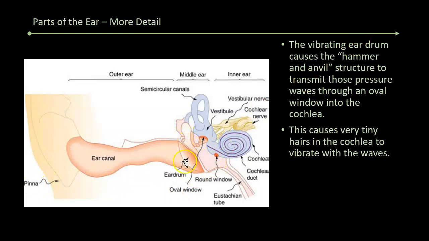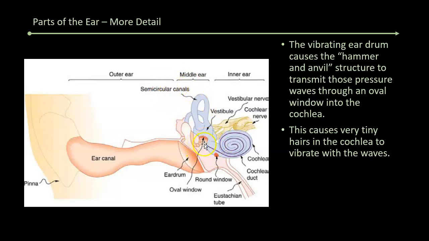The eardrum vibrates and causes this little structure here called the hammer and anvil to pound on that little bitty window. And that little bitty window then presses on the fluid inside the cochlea. And here you got the vestibule, and off the vestibule you have three semicircular canals, right?